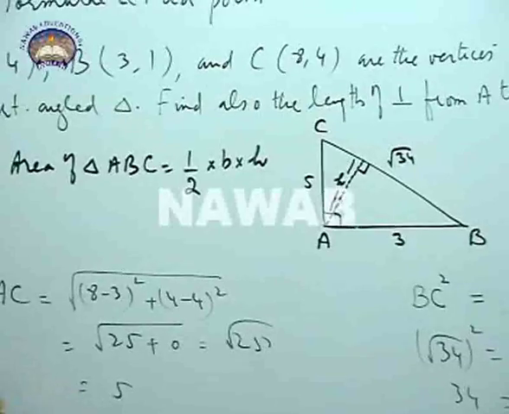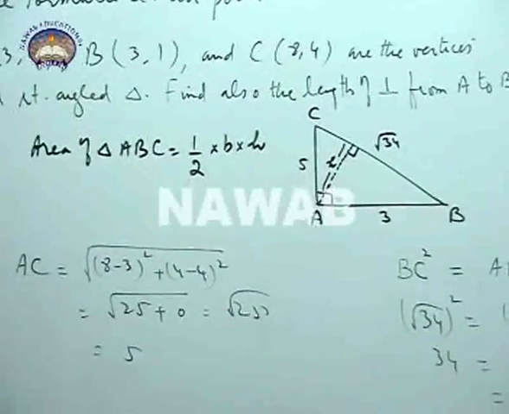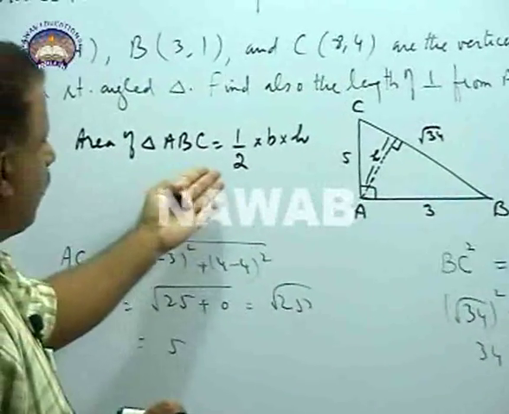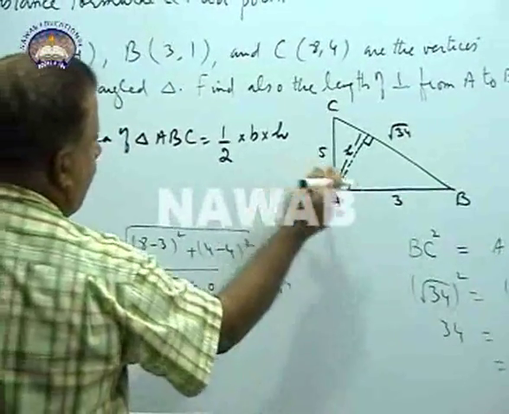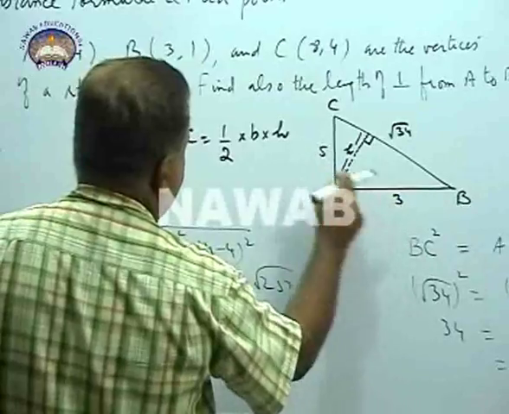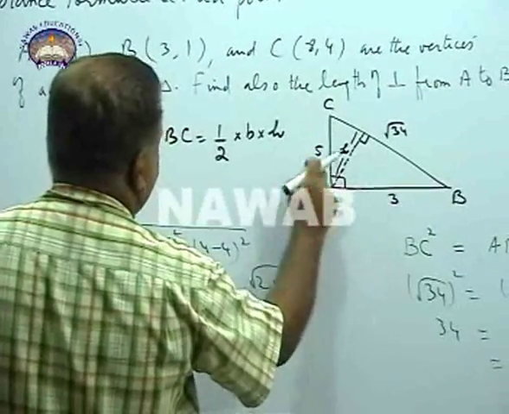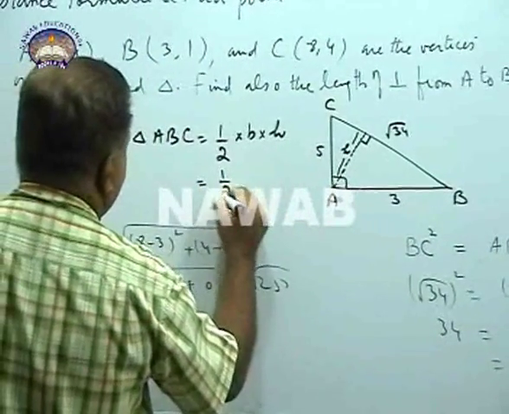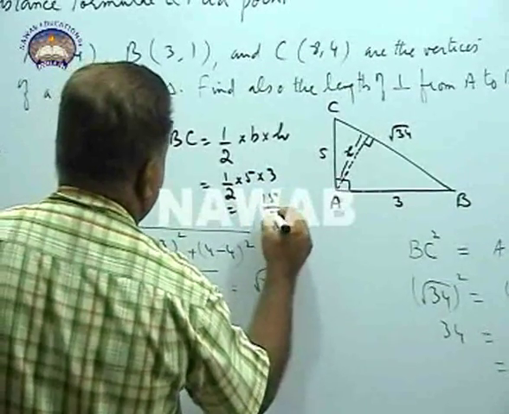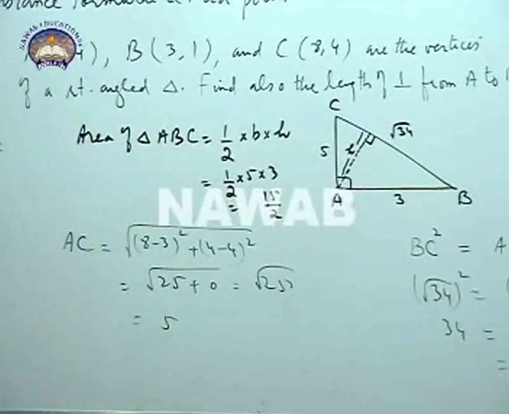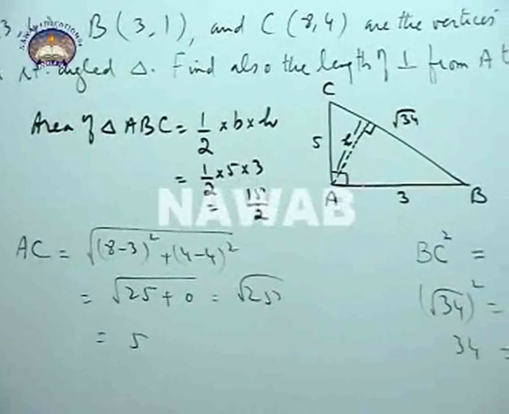You have learned this formula in your previous classes. The area of a triangle is always half times the length of base and height. Now if I consider the base and height as 3 and 5, then area will be 1 by 2 into 5 into 3, which is 15 over 2. So this will be the area of triangle ABC.